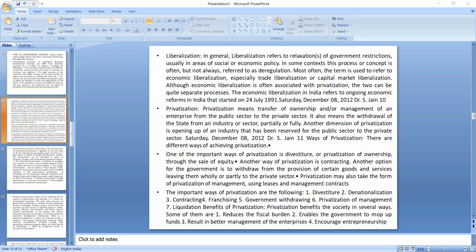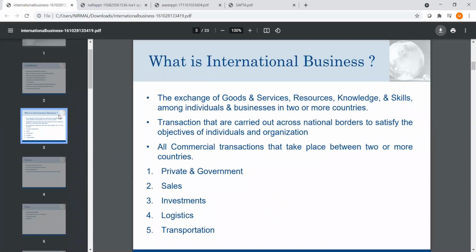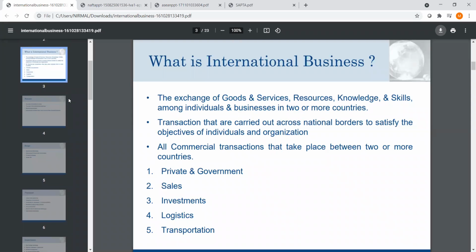Hello, can you hear me? You are putting a new slide now, sir? New one is not there. The slide is printed, sir. Okay, I will check it out. Just a minute. Now it's okay. Yes, sir, we are able to view the new slide. I think it froze actually.